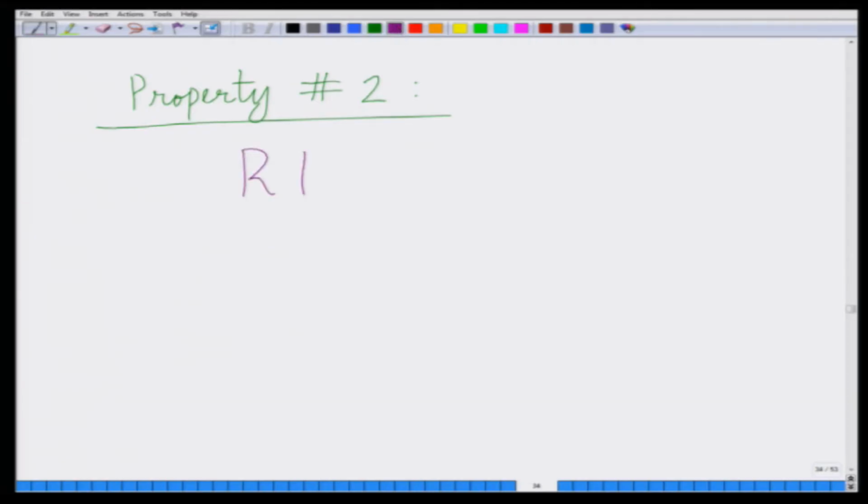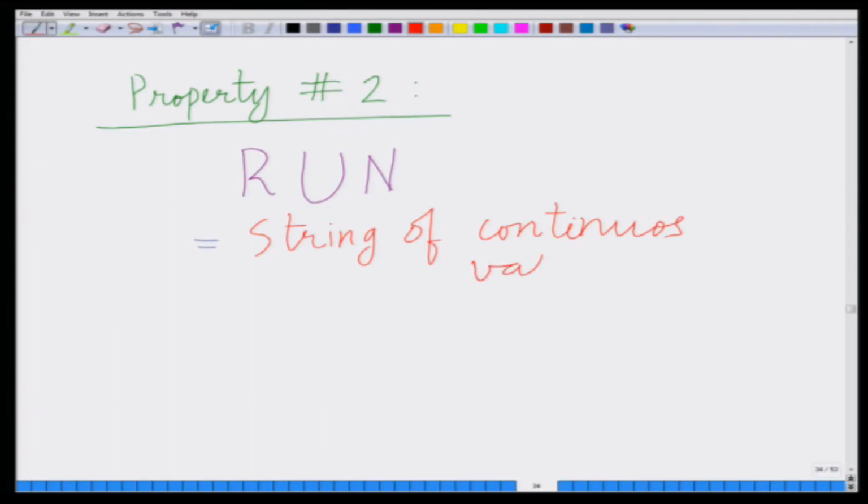What is a run? In a PN sequence, a run is a string of continuous values.